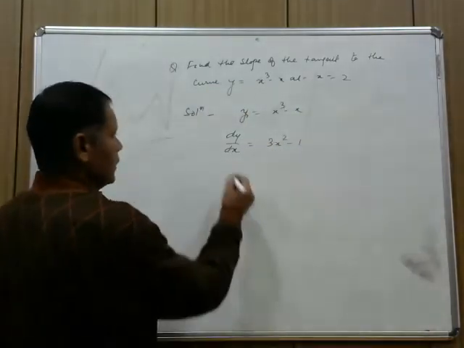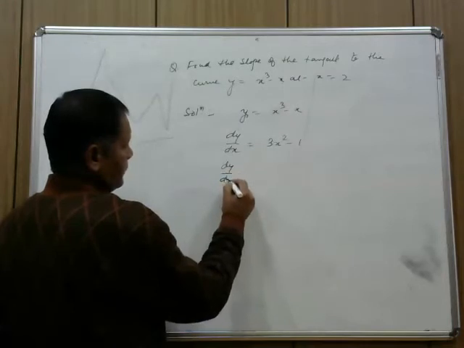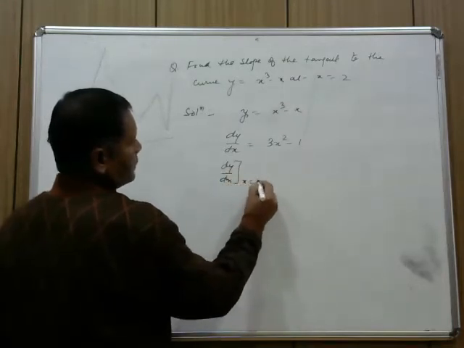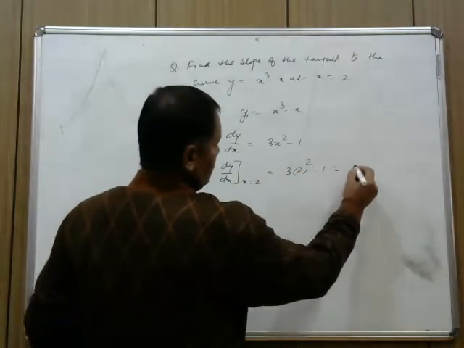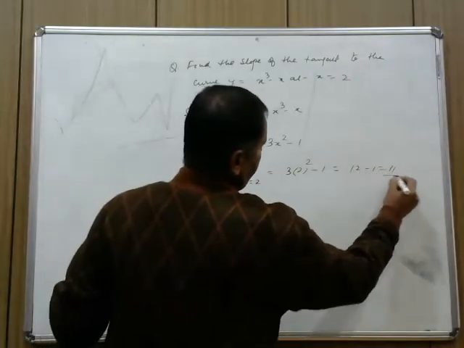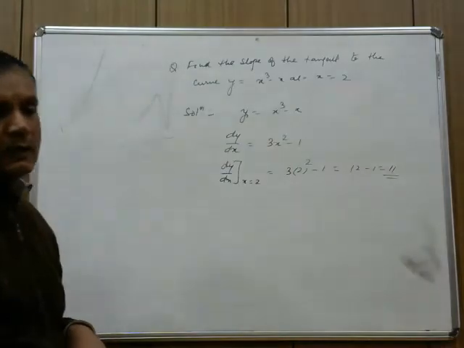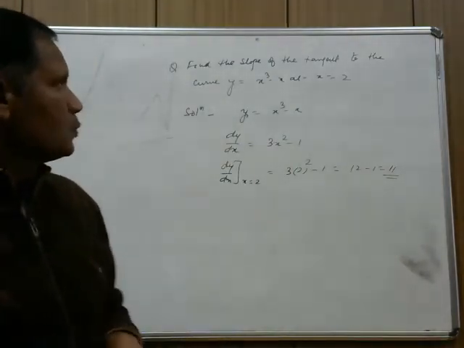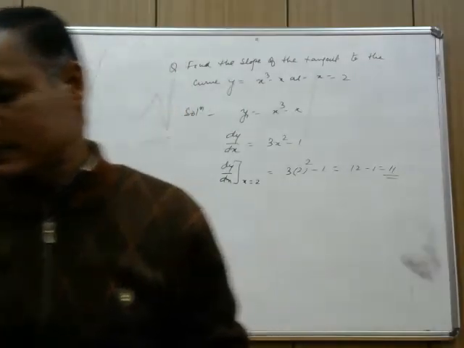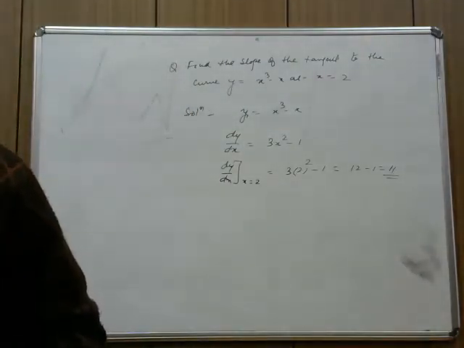That means dy by dx at x is equal to 2 will be 3 into 2 whole square minus 1, 12 minus 1, 11. 11 is the slope of the tangent to the curve y is equal to x cube minus x at x is equal to 2.